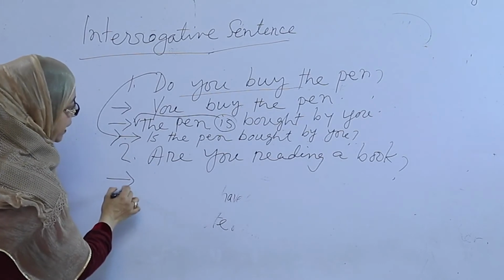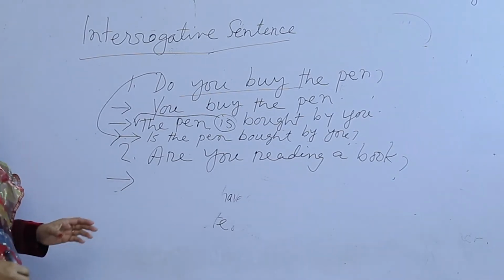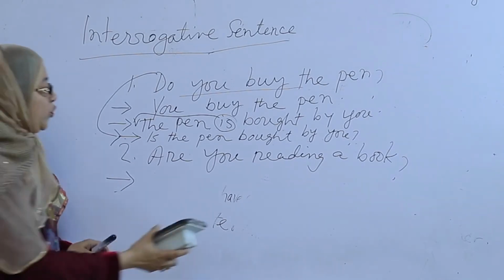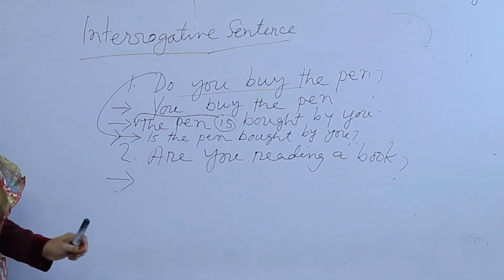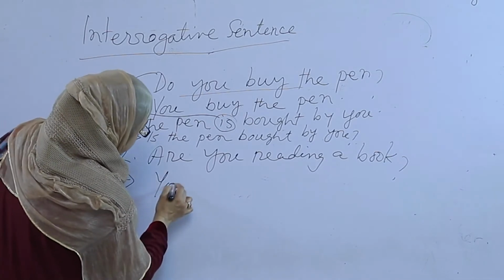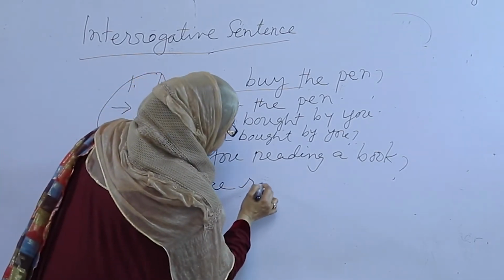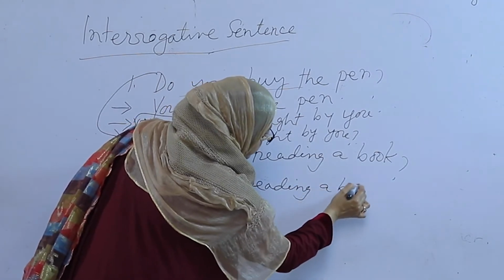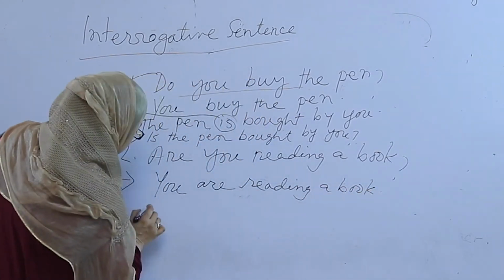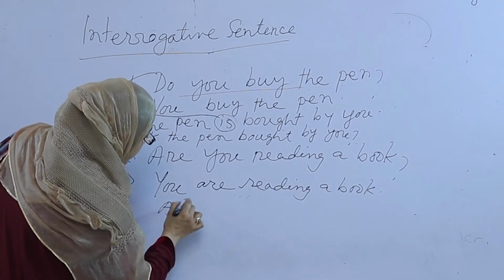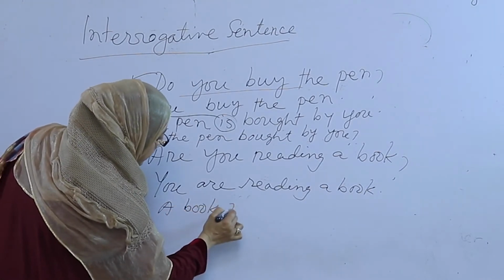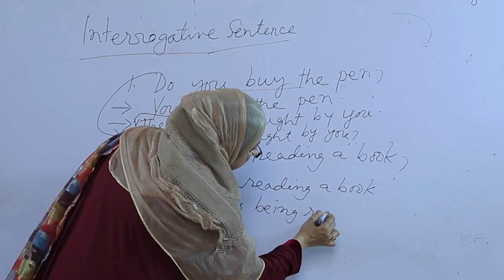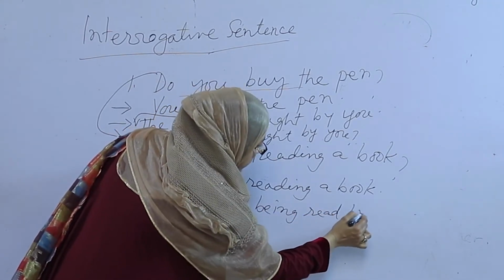And the second one: are you reading a book? If I turn it into an assertive sentence, you are reading a book. And I turn it into passive. A book is being read by you.